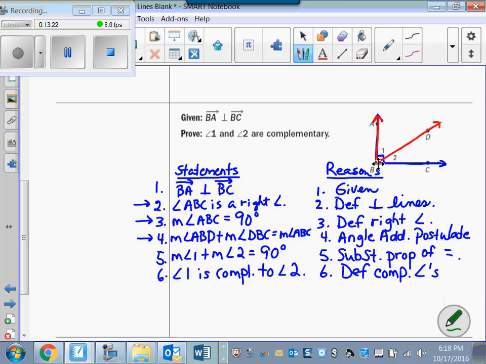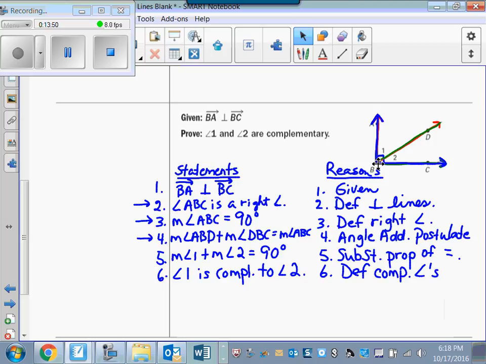So the measure of angle ABD plus the measure of angle DBC equals the measure of angle ABC. Not ready to say 90 degrees yet. And that's just using the angle addition postulate. The measure of angle ABD, which is angle 1, and the measure of angle DBC, which is angle 2, equals the measure of the whole thing, which is ABC.